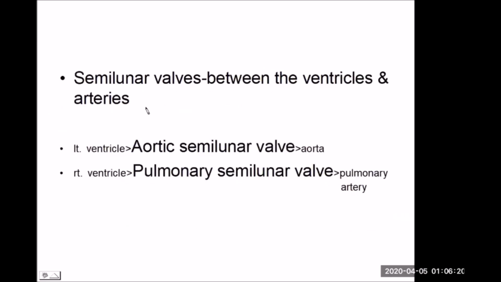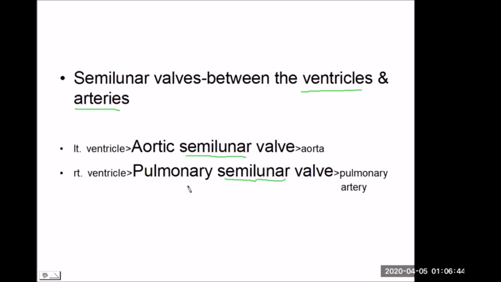The next set now, you notice between the ventricles and the arteries. So blood's forced out of the ventricles, passing through the arteries, starting to travel away from the heart. And to prevent backflow, that's now the importance of these semilunar valves. So we see they're named for the artery that they lead into.